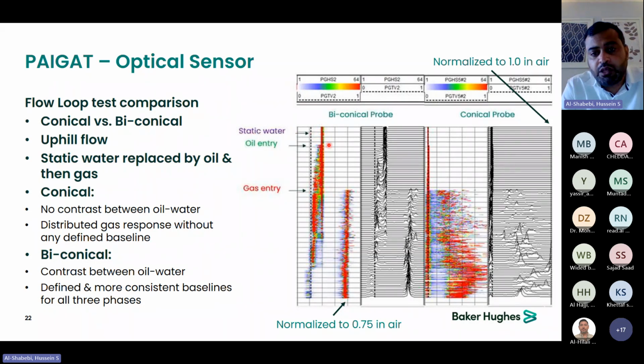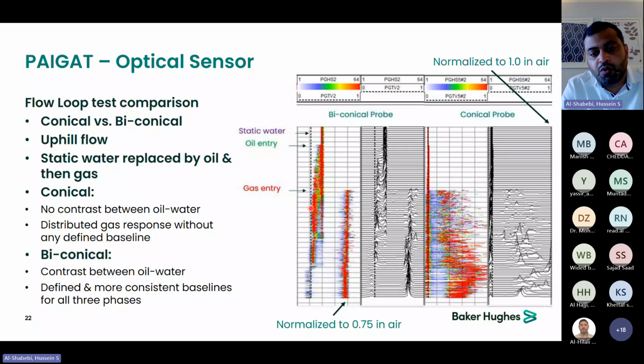As you can see, the refractive index is reading low in both conical and biconical. Then we introduced oil to the pipe. Now in the biconical, we can see a change between the water and the oil, but in the conical one, it is almost the same. There is no change. Then we introduced gas, and now you can see we have three phases.